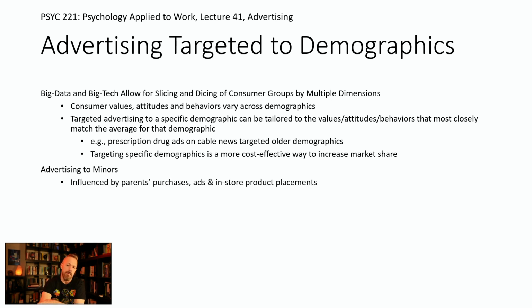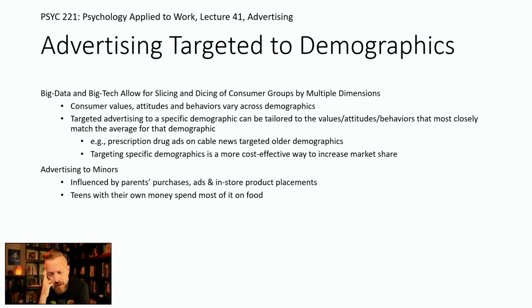Well, some of the basic research has said that to some extent, minors are influenced by what their parents buy. They're influenced by advertisement they see right around where they're buying, and by in-store placement of products. But one of the things about kids, like teenagers, is that they often have their own money, but they typically only spend their own money on things like food.